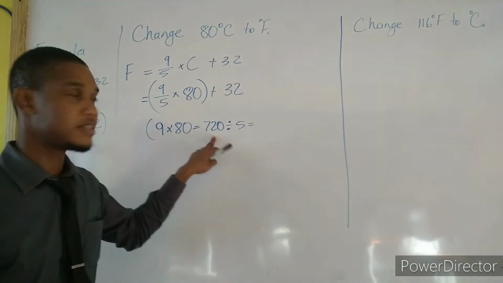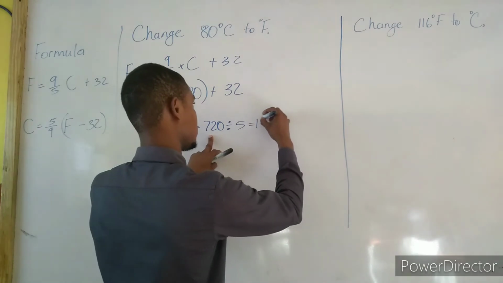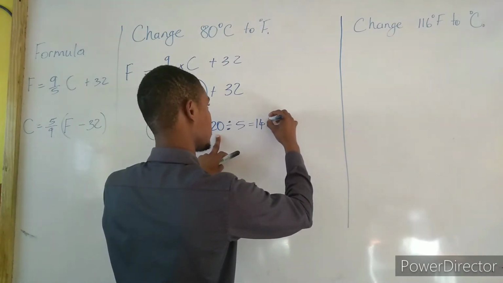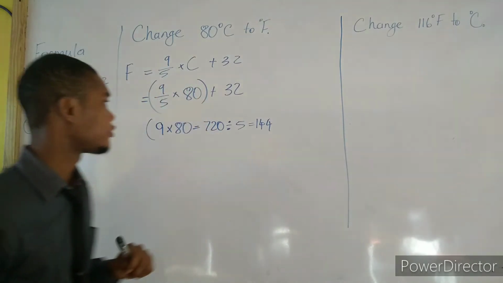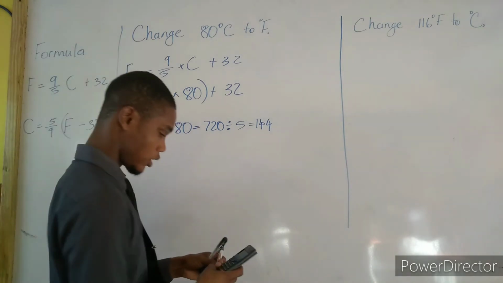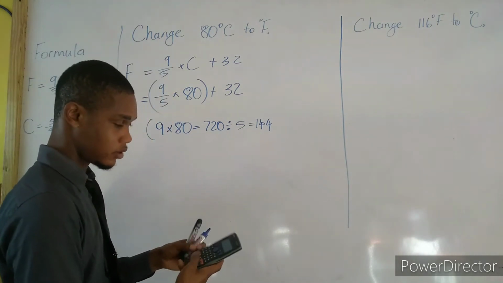So it would have been 720 divided by 5. So that will give you, I think, 144. Let me double check with the calculator. So 720 divided by 5 is 144.